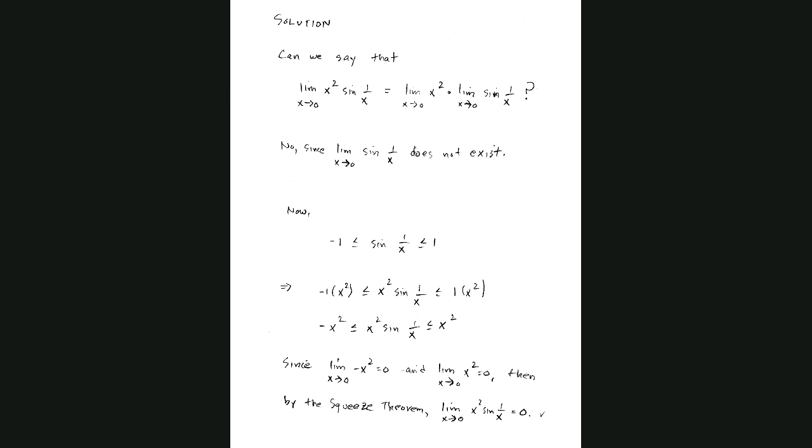Okay, so in this problem, we have the limit of the product of two functions, x squared times the sine of 1 over x. So the angle is 1 over x. Where does the problem come in on this limit? The 1 over x, that's right. 1 over x is not defined at x equals 0. So the angle for that sine function is not defined at x equals 0.